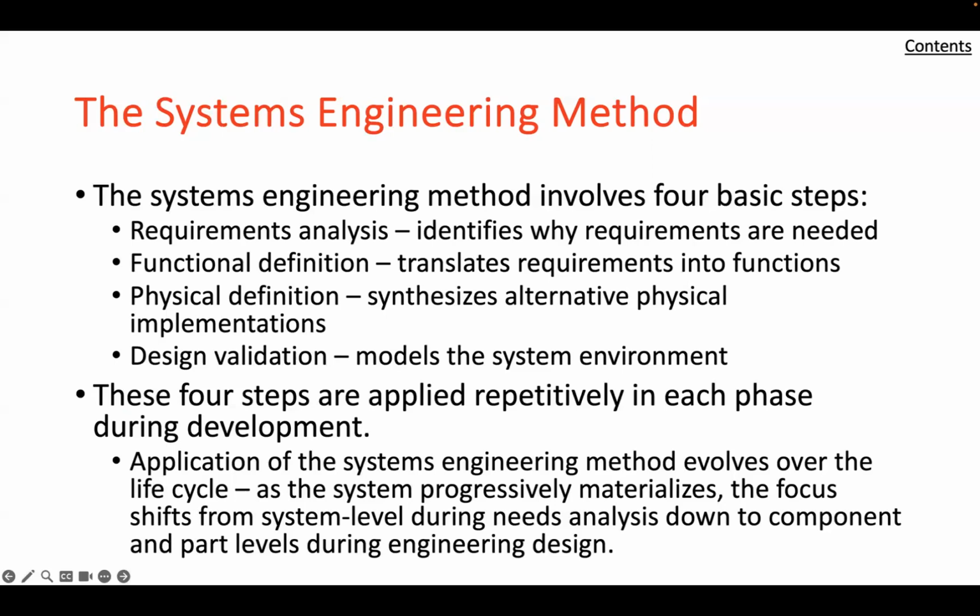The system engineering method can be thought of as a systematic application of the scientific method to the engineering of complex systems. It can be considered as consisting of four basic activities applied successively, as illustrated in the figure that we'll get into next, a high level and then a more detailed view. So the requirements analysis is first, then the functional definition, the physical definition, and the design validation.